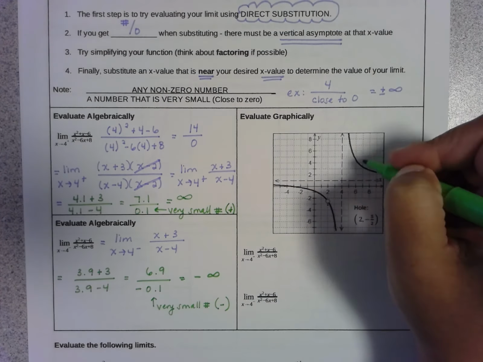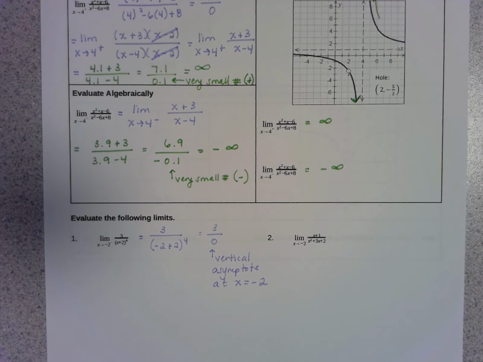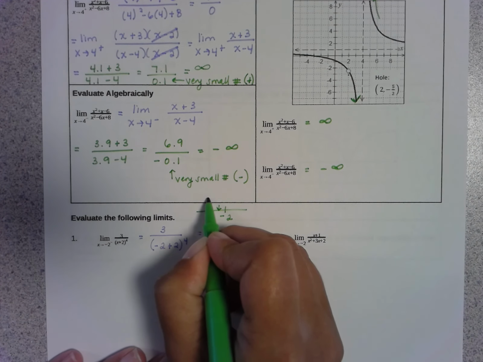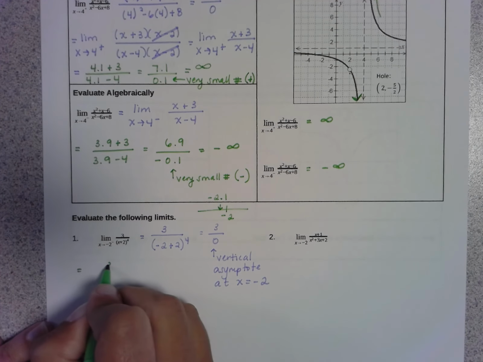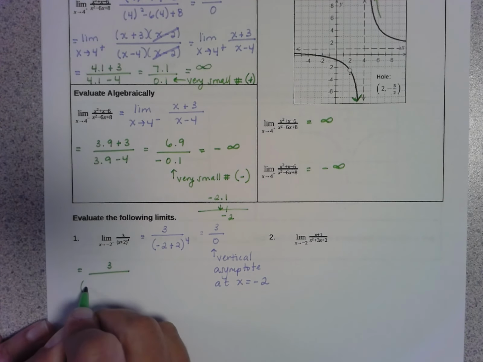So my next step would be to try to factor. There's really nothing here that we can factor, which means my final step is going to be to plug in a number that's very close to negative 2, but slightly to the left. If you imagine a number line with negative 2, slightly to the left of there would be like negative 2.1. So I'm going to plug in the number negative 2.1, which means I get 3 divided by negative 2.1 plus 2 to the 4th.